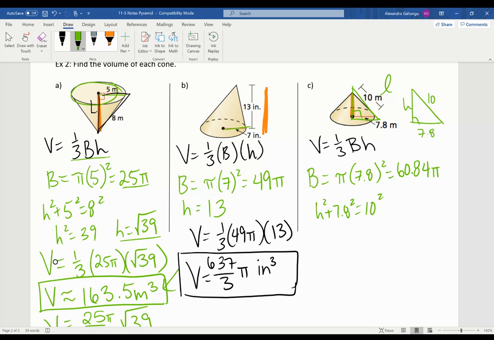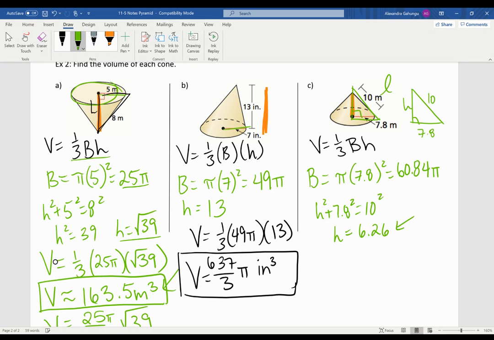So I'm going to go 100, which is 10 squared, minus 60.84, since I know that that's 7.8 squared. And then I'll take the square root of that answer. And I've got about 6.226.